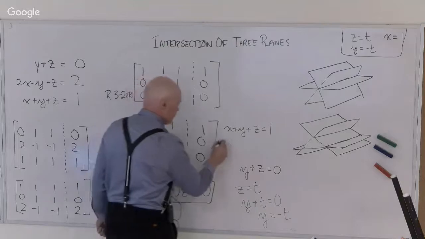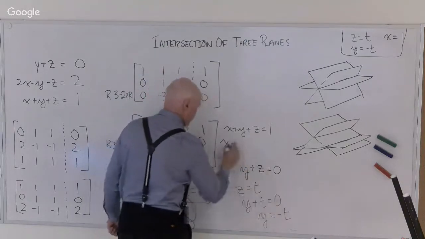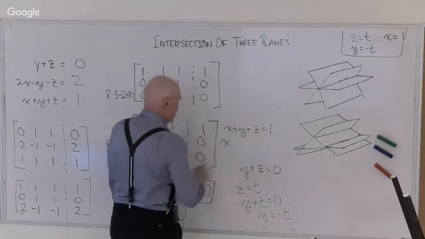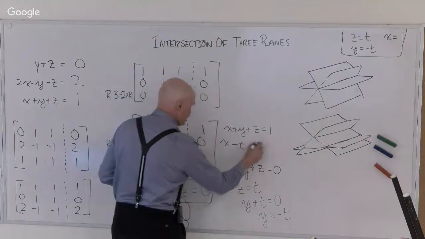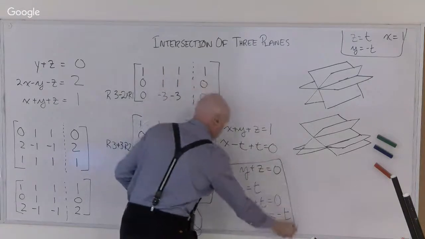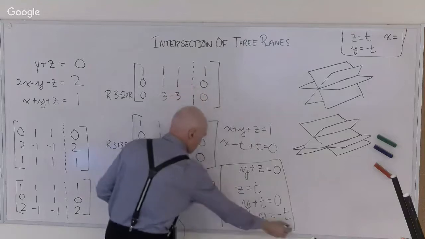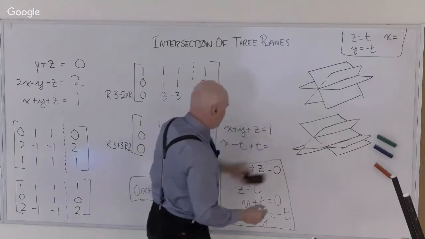That means that x plus, and y is -t, so I'm going to say x minus t plus z, which is t, is equal to 1. There we go. Let's revel in the disorder here.